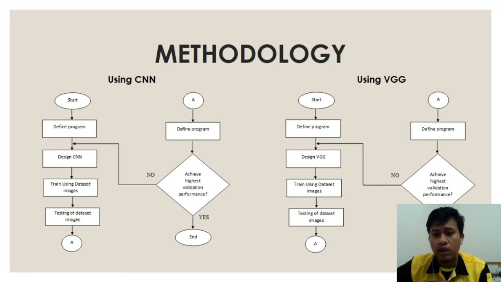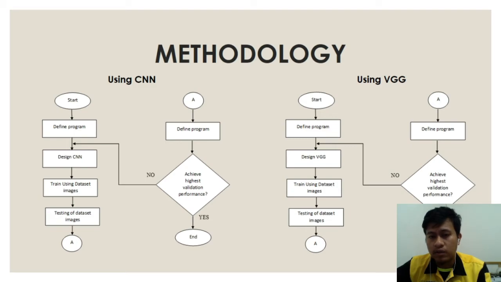For task 2, it is actually the same as task 1. The difference for task 2 is that we don't use the CNN design. We change to the VGG design to get the graph to show the highest validation performance of the method. So the method is the same as the CNN.